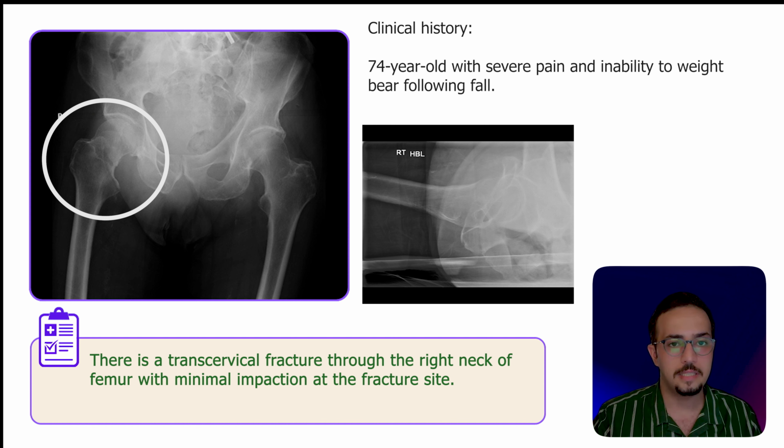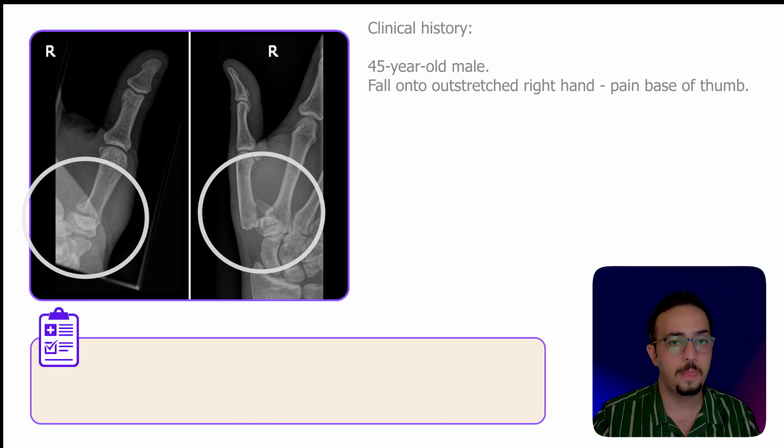All right, the next case, a 45-year-old male, fall onto outstretched right hand, pain at the base of thumb. Okay, we got two pictures, right thumb, AP and lateral.